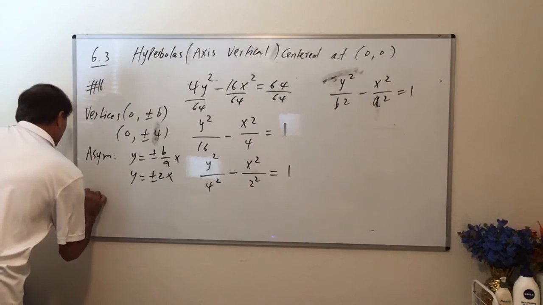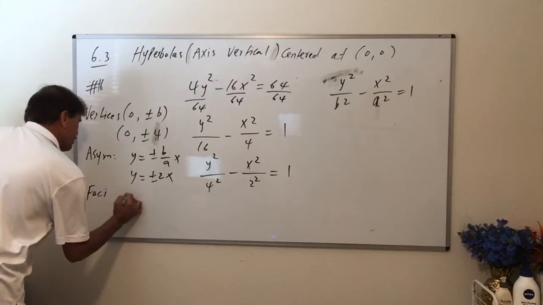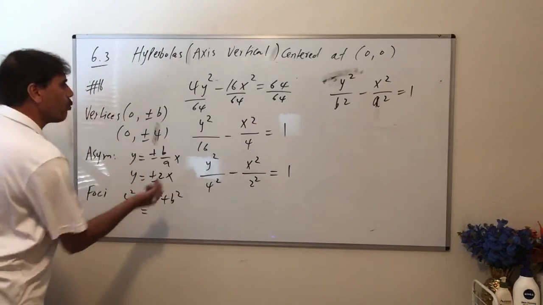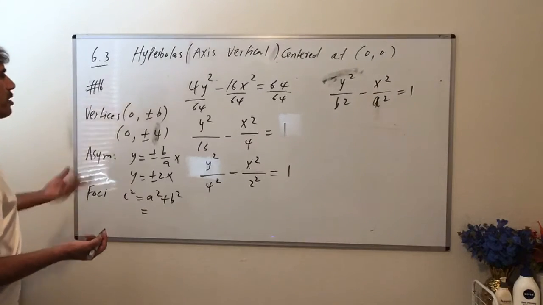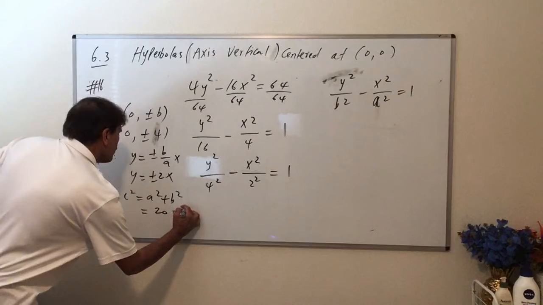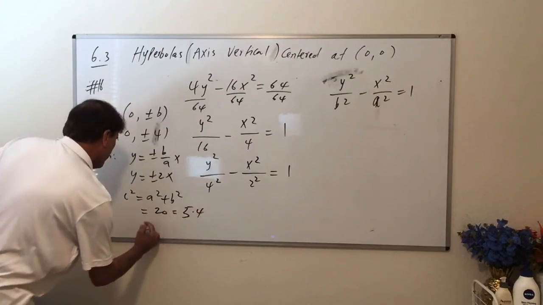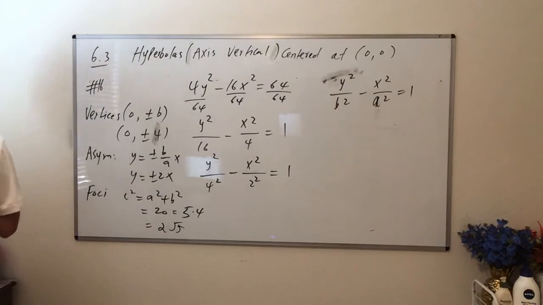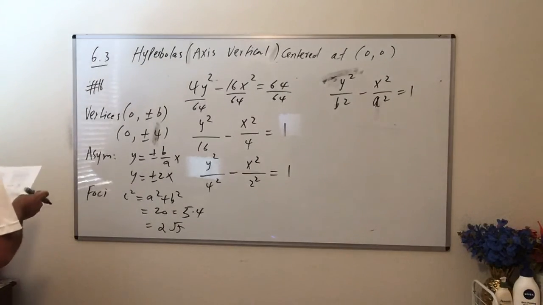And the foci: c squared equals a squared plus b squared, so in this case it's 16 plus 4, which is 20. Well, 20 is the same as 5 times 4, so in this case c is 2 root 5. Let me make sure we're on the right track. Yes, 2 root 5. That's it, we're done.